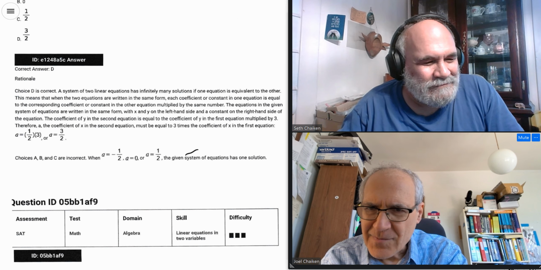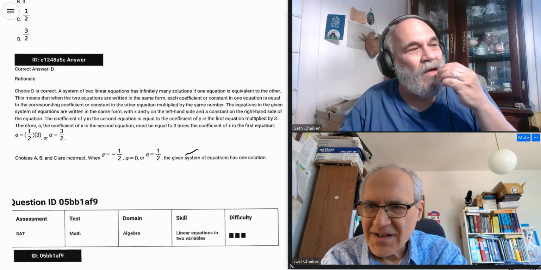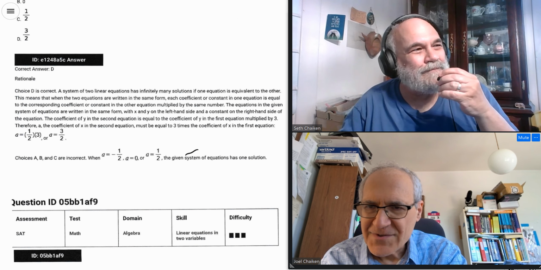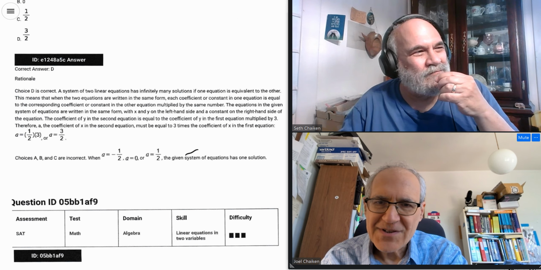The coefficient of y is equal to the coefficient multiplied by 3. Therefore, the coefficient of x in the second equation must be 3 times the coefficient in the first equation. So they did it exactly how you did it. Seth? Yeah, they did it almost exactly the way you did it.